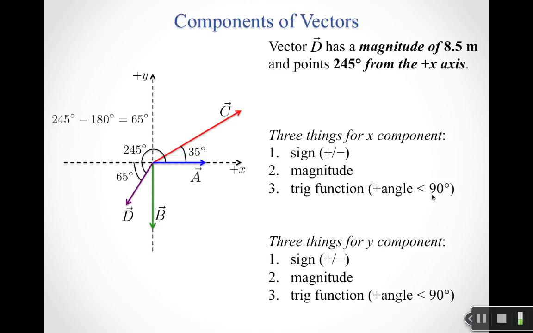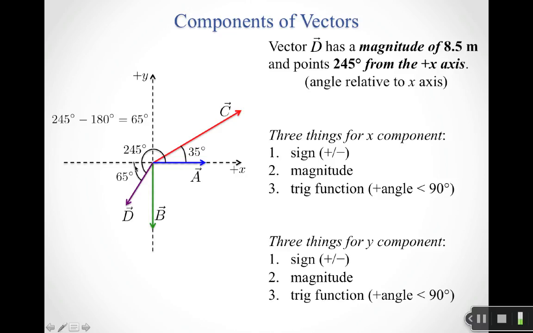So in this case, I'll pick the angle from the negative x-axis to vector d, which is a 65-degree angle. 245 all the way around, 180 gets you to here, which means you've got 65 degrees left over. So now I have an angle less than 90 degrees.